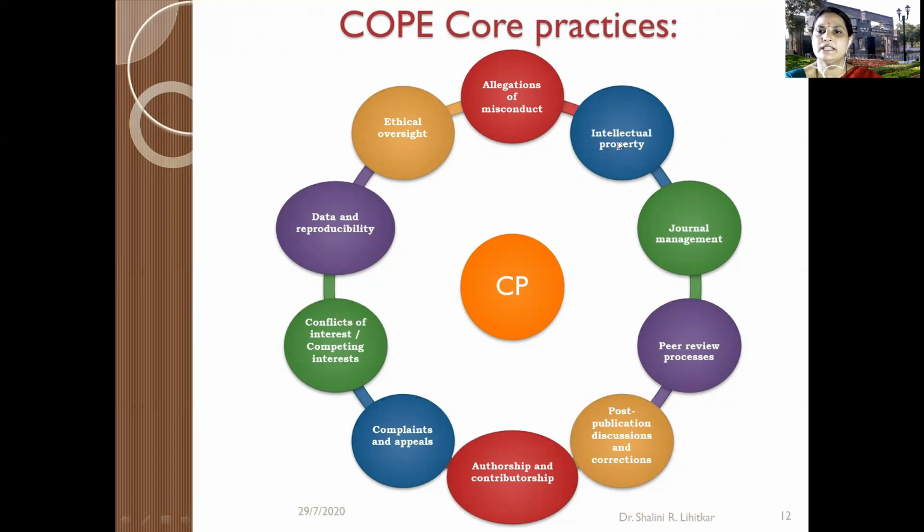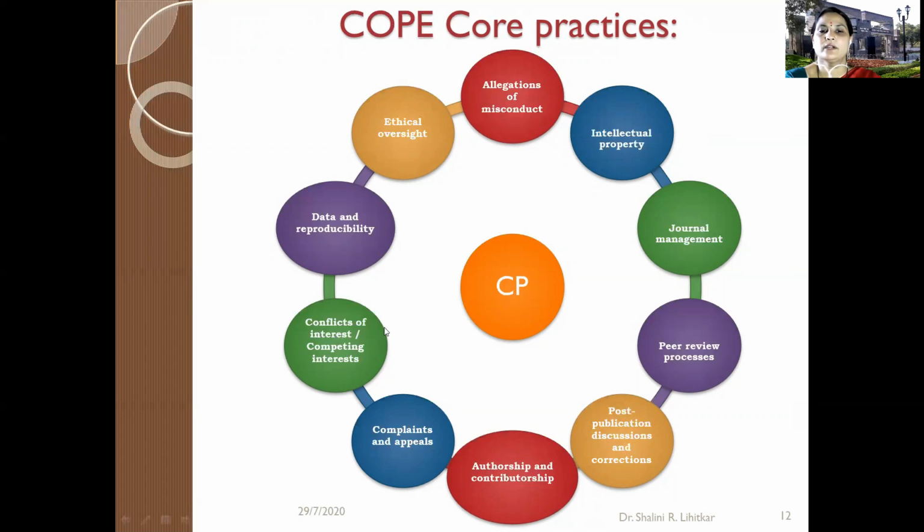They are also providing guidance on intellectual property. They provide guidelines for journal management, how to manage the journals regarding the publications, and what the peer review process is. They also provide guidelines on how to handle post-publication discussions. What will be the authorship and contributorship? They are providing the guidelines. They also deal with complaints and appeals.